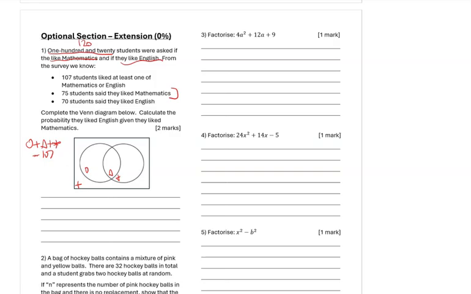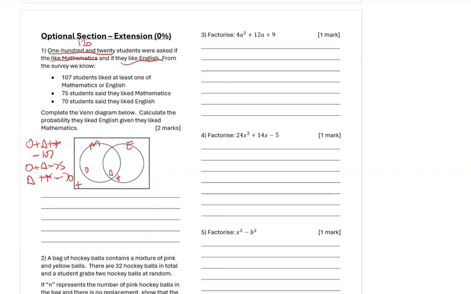Let's call this circle here mathematics and this circle here English. So we know the circle and the triangle must add to 75. And then finally, we know that 70 students said they liked English. So that means the triangle and the star add to 70.